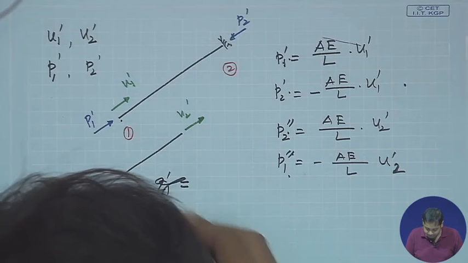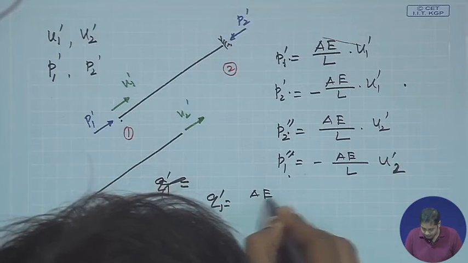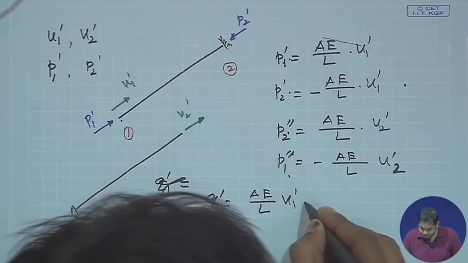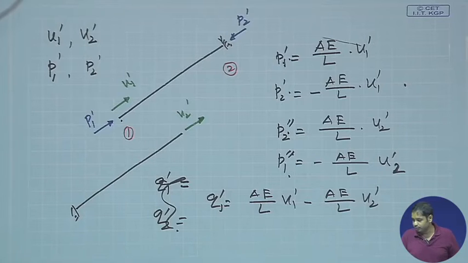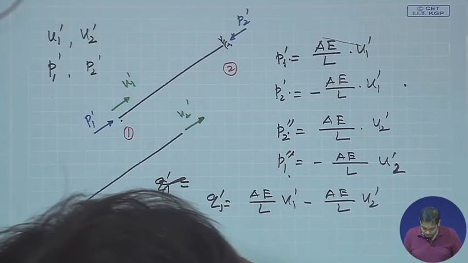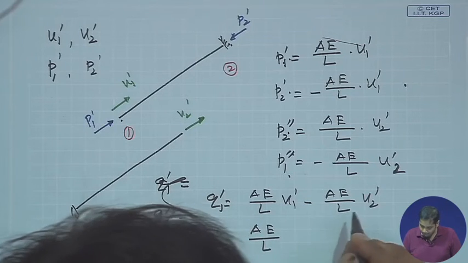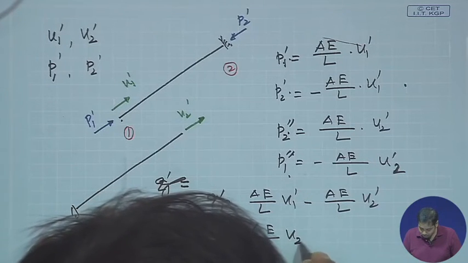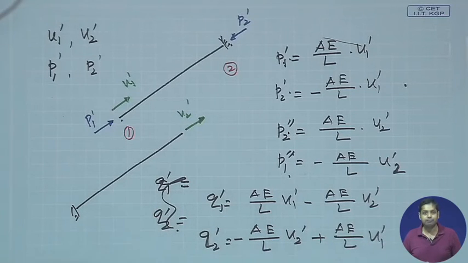So we can write Q1 dash is equal to AE by L U1 dash minus AE by L U2 dash. Similarly, Q2 dash will be AE by L into minus U1 dash, and then plus AE by L U2 dash.